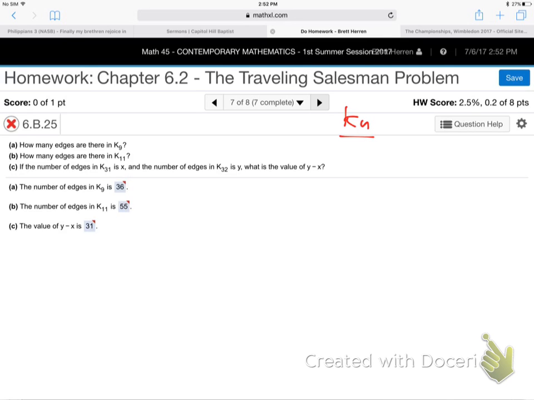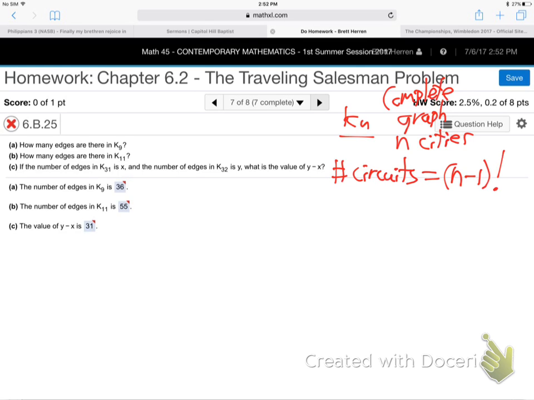Kn, which is a complete graph. Remember what that means? Complete graph means every city connects to all the other cities. So a complete graph with n cities. What about it? Well, the number of circuits, loops, we did that yesterday, n minus 1 factorial.